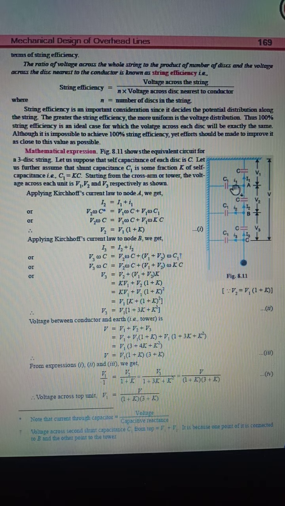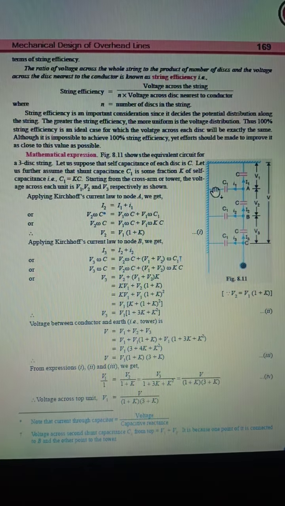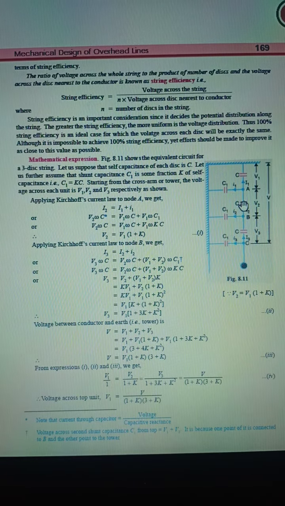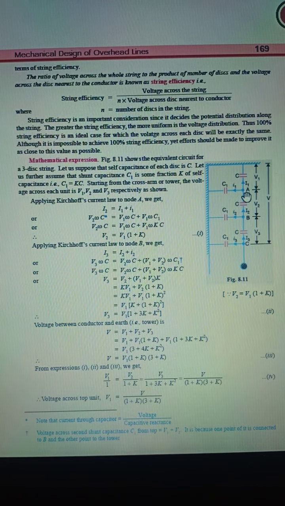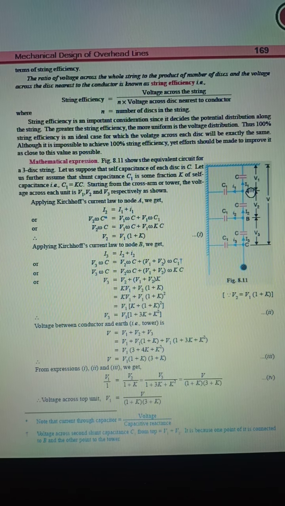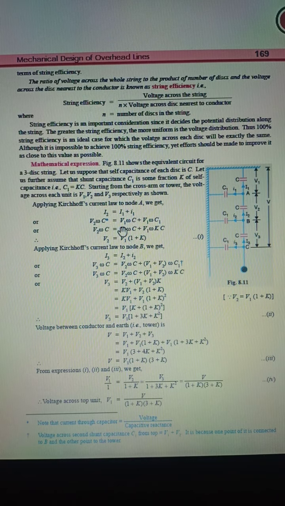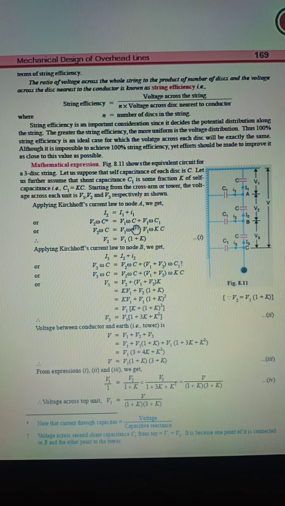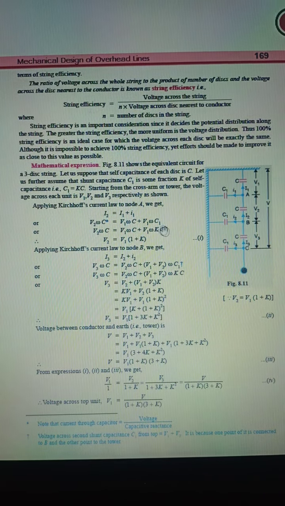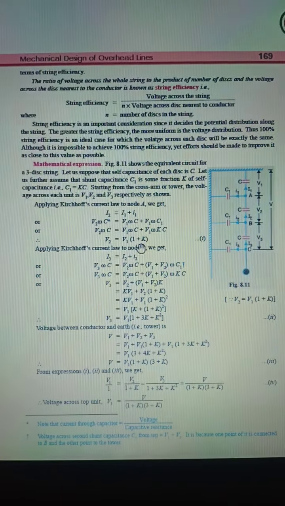So V2 omega C equals V1 omega C plus V1 omega C1. Finally, we get V2 equal to V1 into (1 plus K).